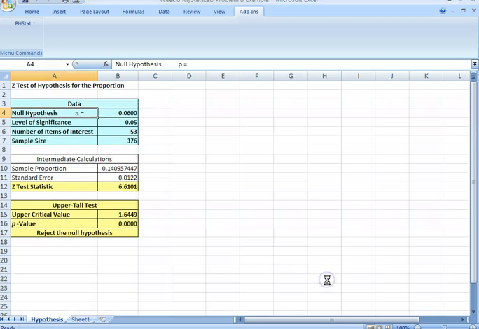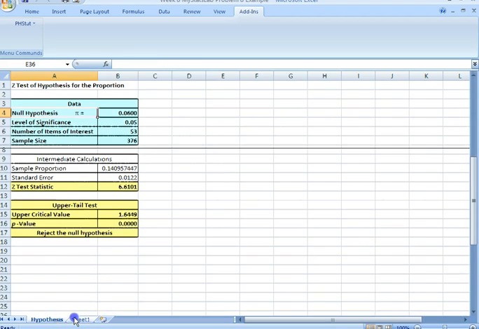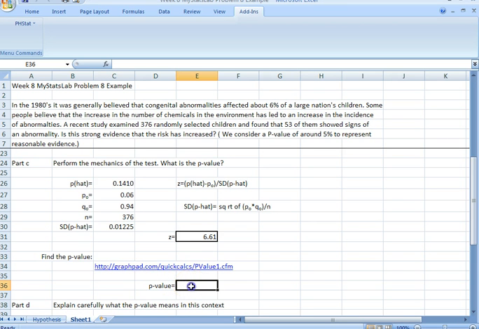Click OK. There's the z statistic at 6.61, which we've already calculated the other way. And there's our p-value, 0.0000. So we can say that our p-value is 0.000 and as many zeros as you want.